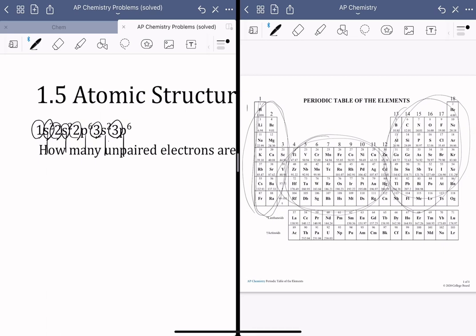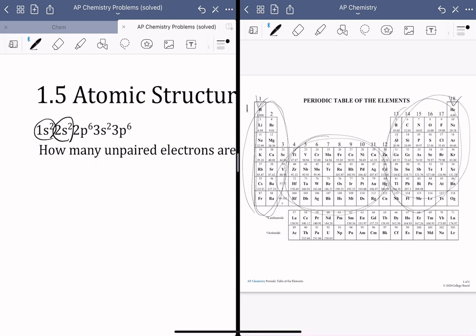And so the numbers on top, 2, 2, 6, 2, 6, they represent how many electrons are in each orbital. So let's start looking at which element it is. Starting with the 1s2, that means there's 2 electrons in the S subshell of period 1.